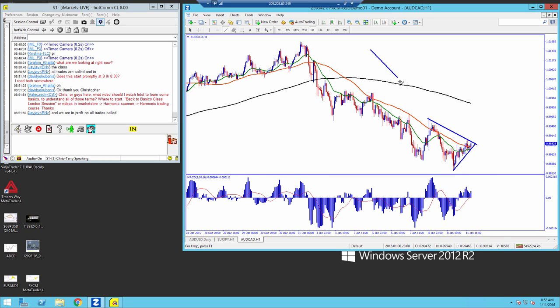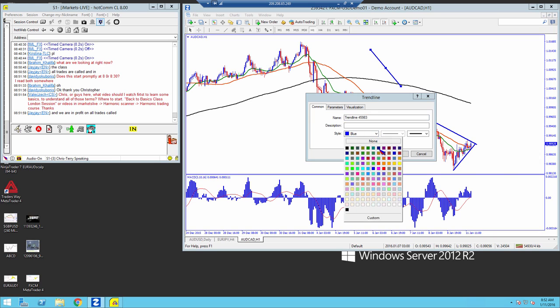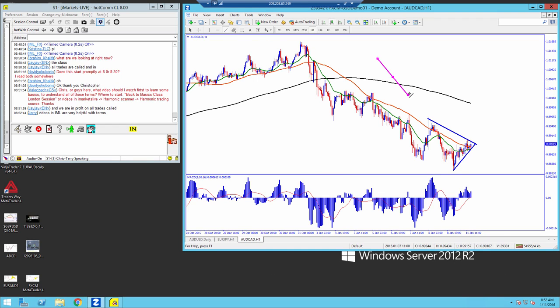So let's say the market goes down, and we're going to draw it in pink. So we'll do something like that. One, you got this, you got this, then you got this.